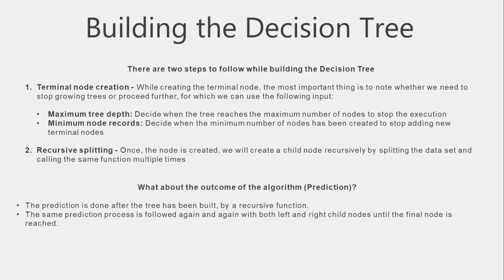The prediction is done after the tree has been built by our recursive function. The same prediction process is followed again and again with both left and right child nodes until the final node is reached. When we reach the final node, this will be our outcome using this algorithm.